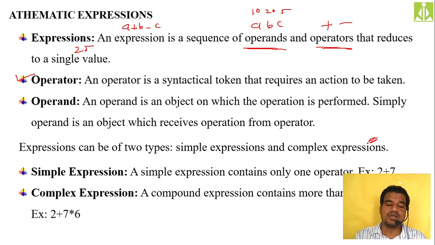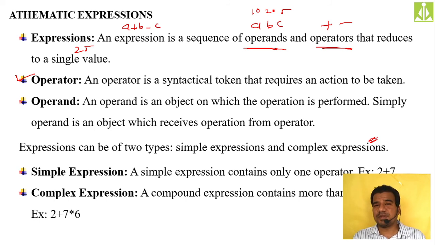Remember this one. As for expressions, we have already seen the definition: expressions are the sequence of operators and operands, and an expression will always be reduced to a single value, we said.